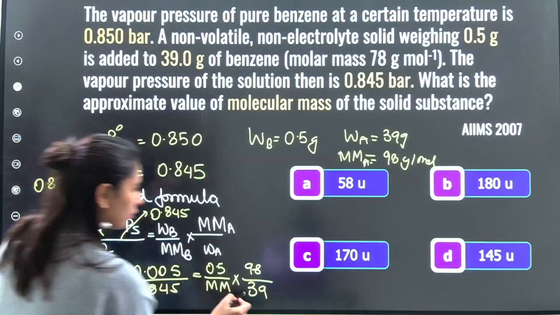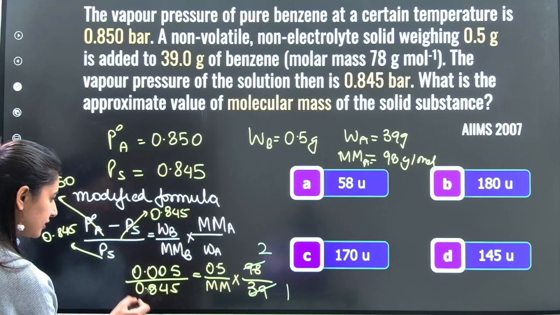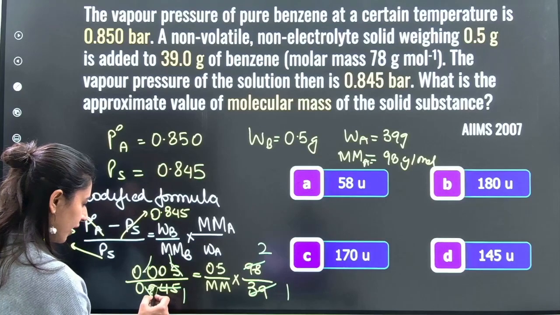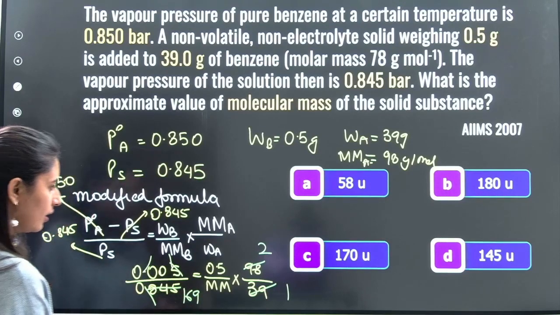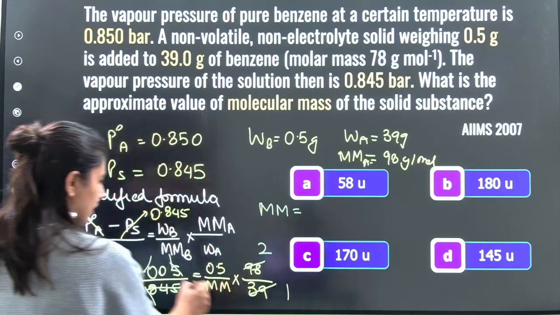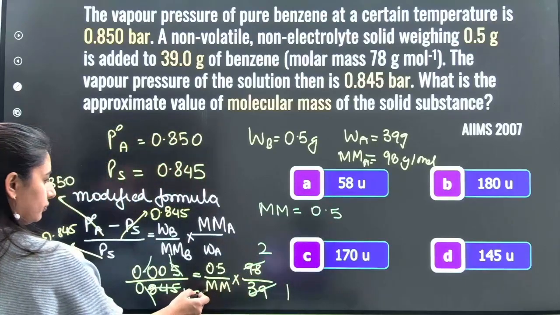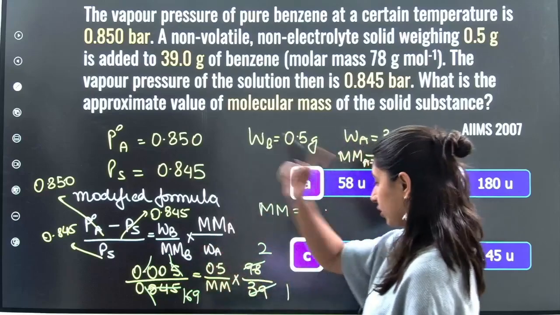Let's just solve whatever we can. So 39 into 2 is 98. This we have taken care of. Let's just get rid of the decimals. So molecular mass will be equal to 169 into 0.5 into 2. Look at this. You'll see that the calculations will be a little haywire if you put in the other formula.